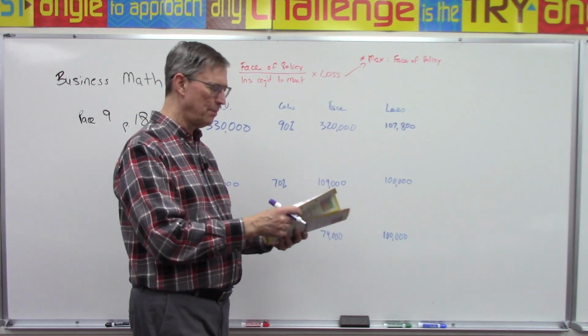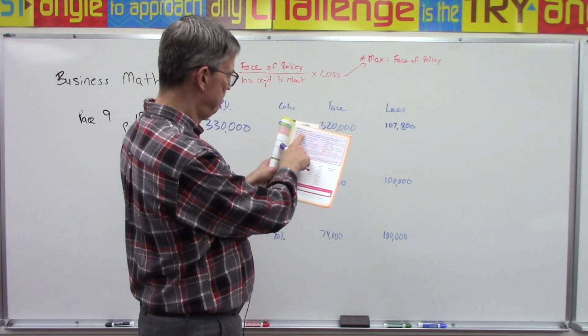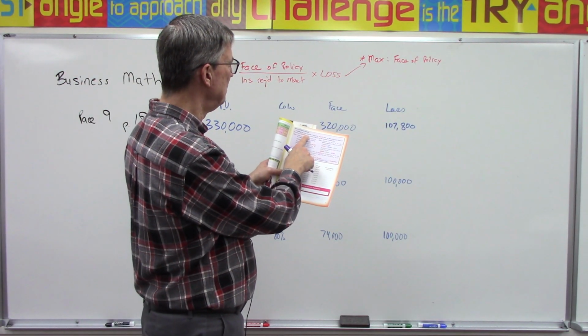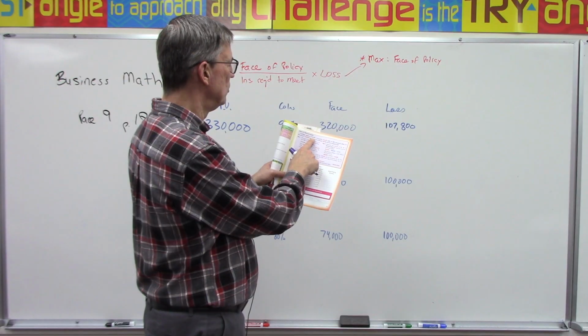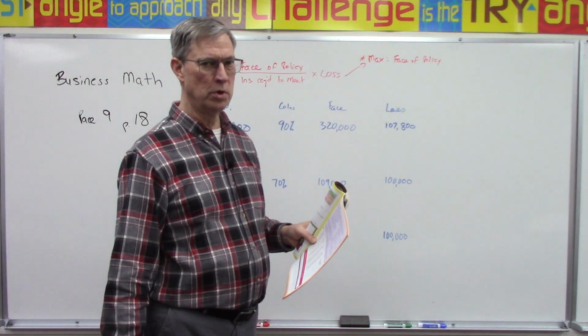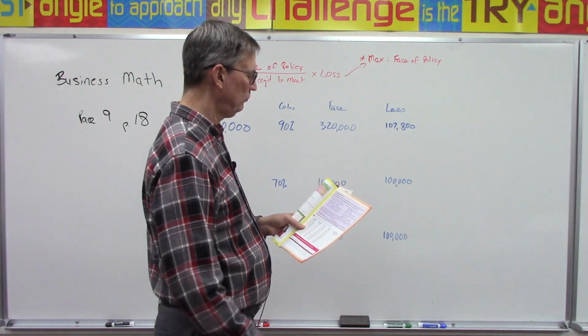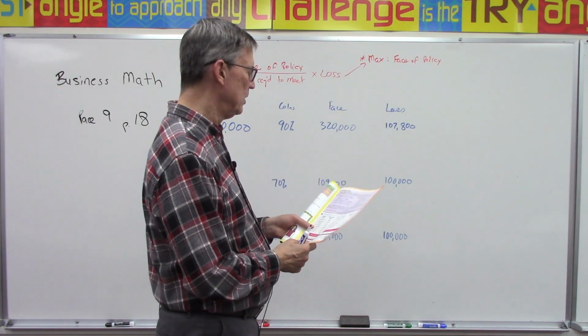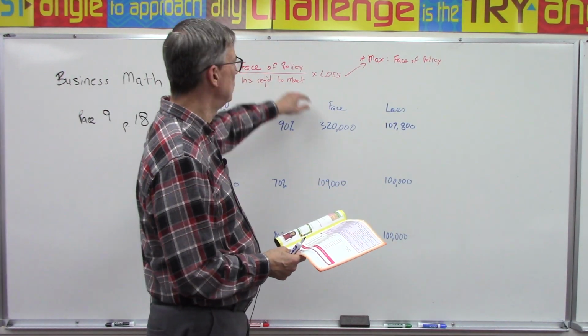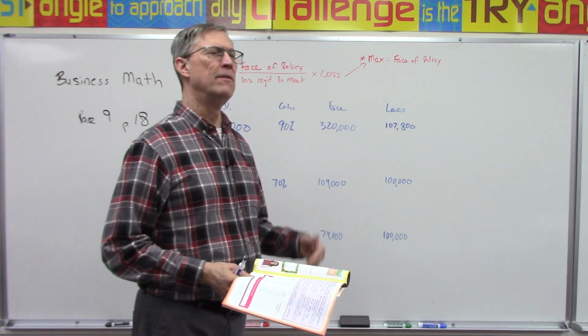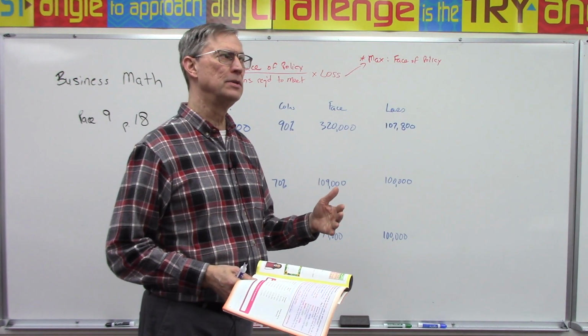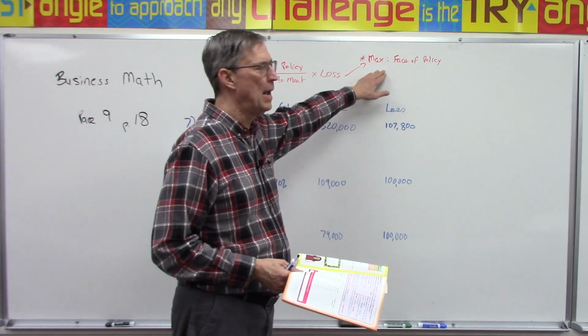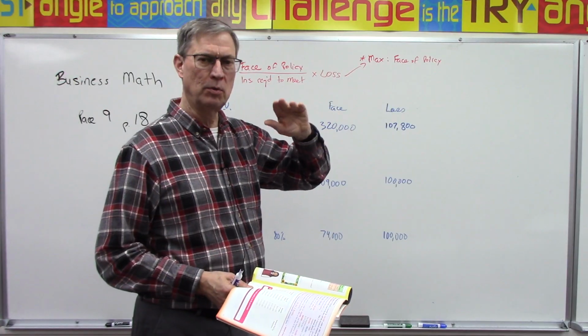But here at the top of page 118, it talks about a property being valued at $120,000, but it's only insured for $84,000. So the $84,000 is what we call the face value of the policy. And the face value, as it turns out, is the maximum amount that they will pay out.